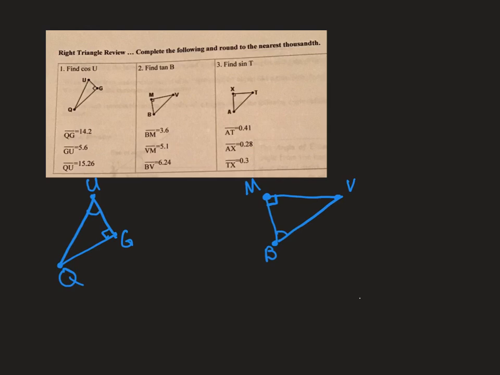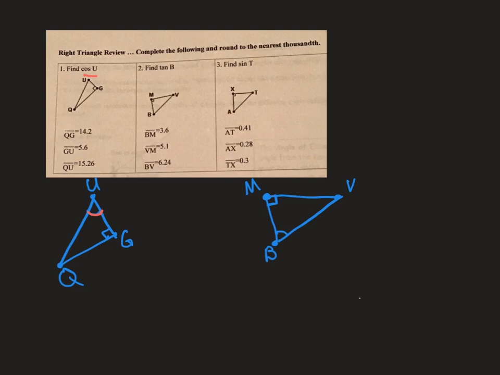So for our first one, it's asking us to find cosine of u. So if we look at our triangle over here, u is this angle here.